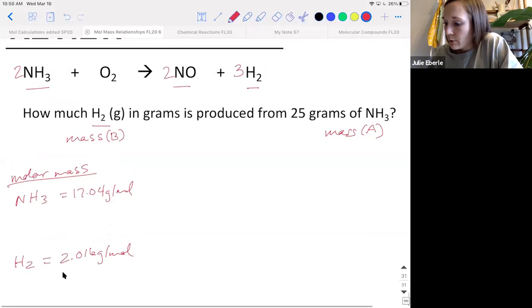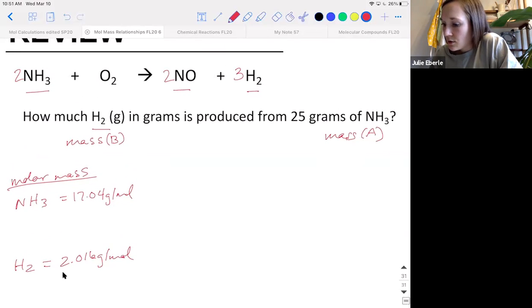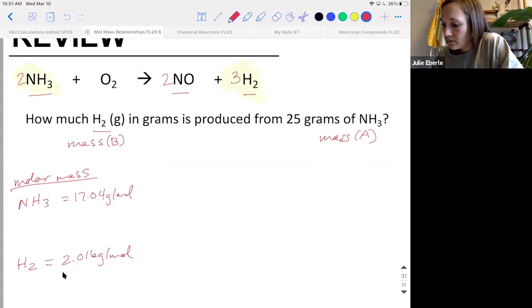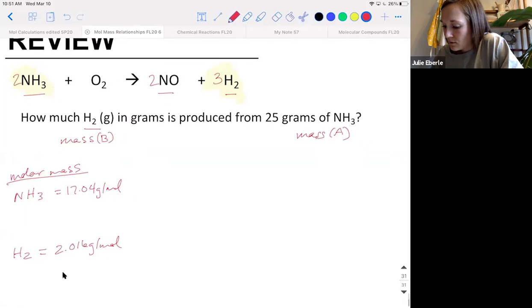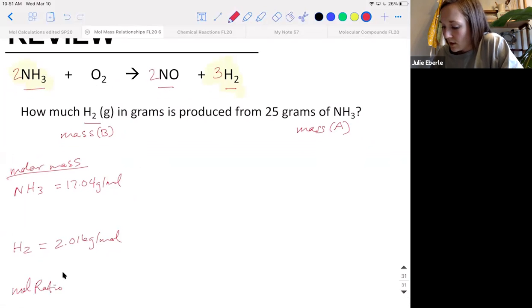All right, then what is our mole-to-mole ratio between NH3 and H2? So we're looking at the coefficients here for this and this. Whitney, what do you mean, for the mole-to-mole ratio?